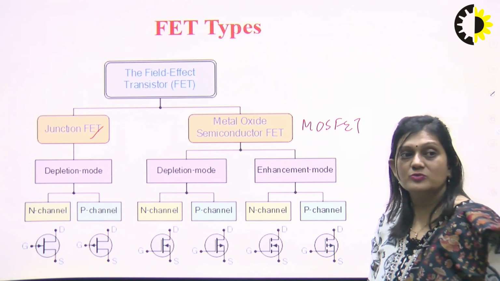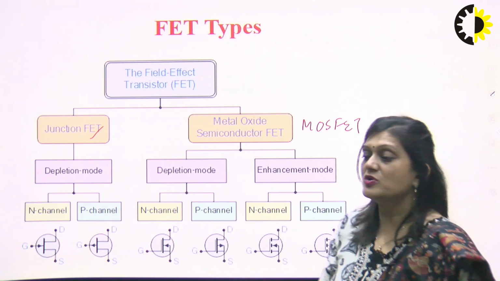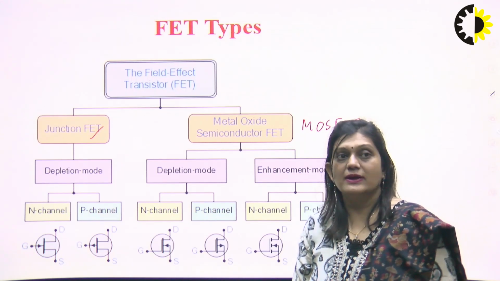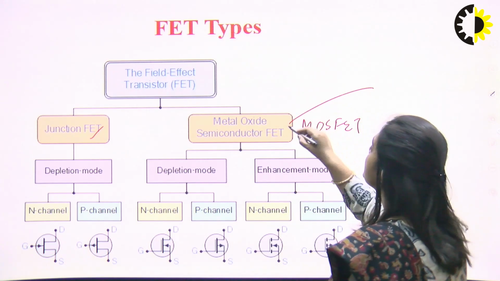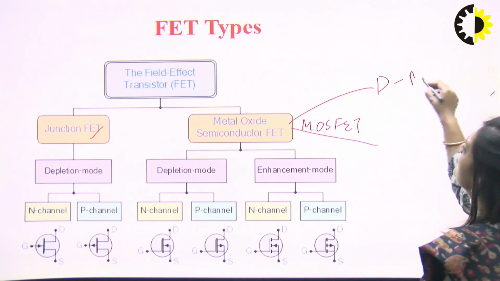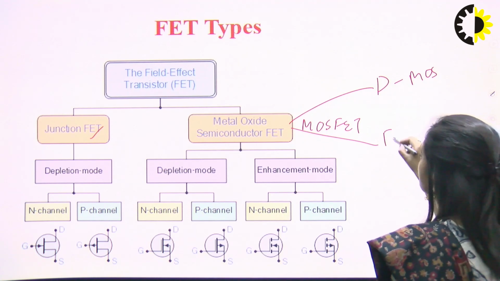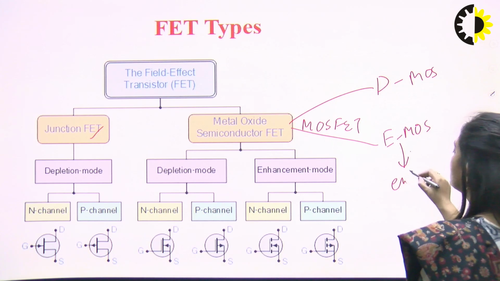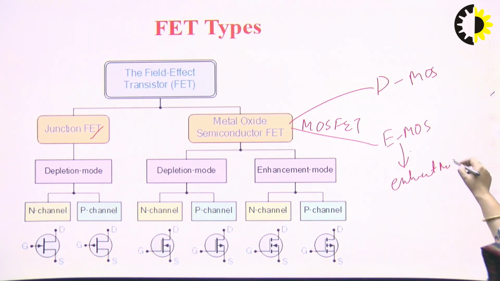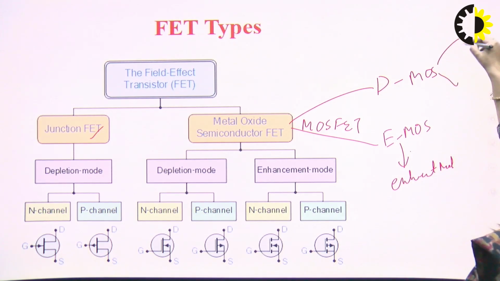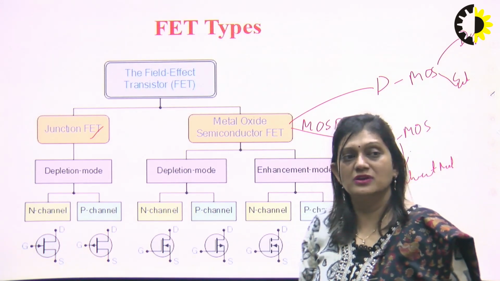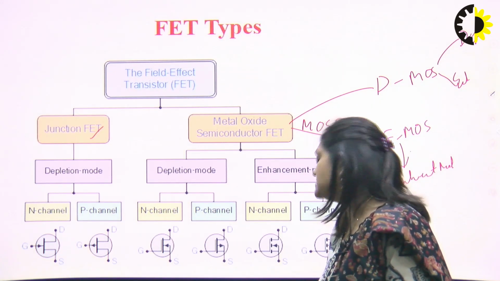The depletion MOSFET works in both depletion mode and enhancement mode, while the enhancement MOSFET only works in the enhancement mode. And again, all of these are available in N channel and P channel.